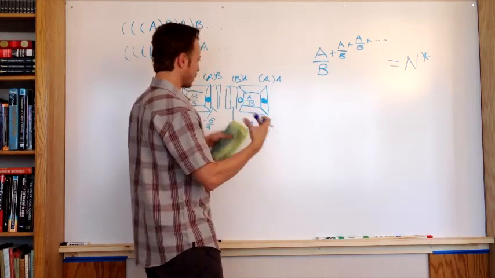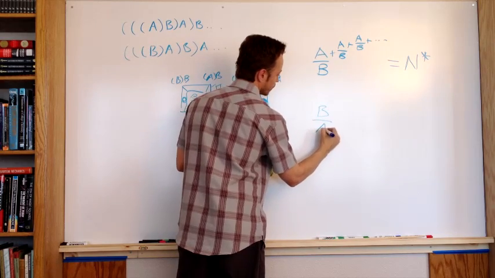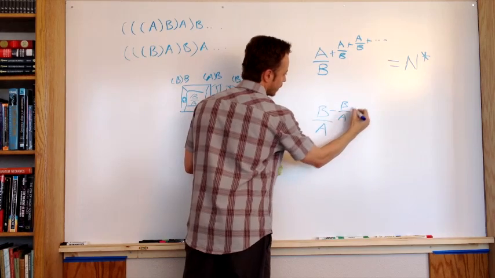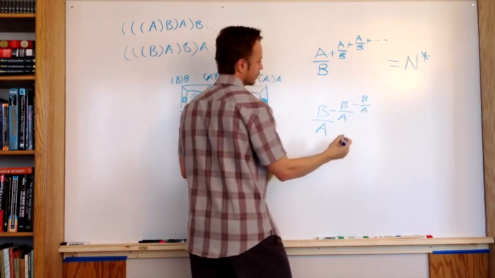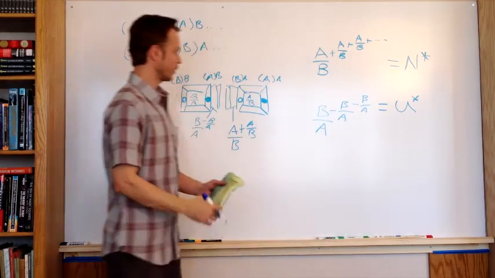And so the way we do that for B then would be B over A minus B over A minus B over A, that equaling U star.